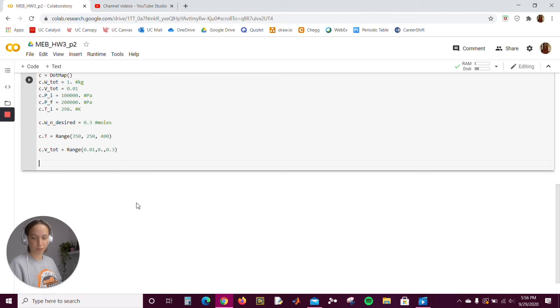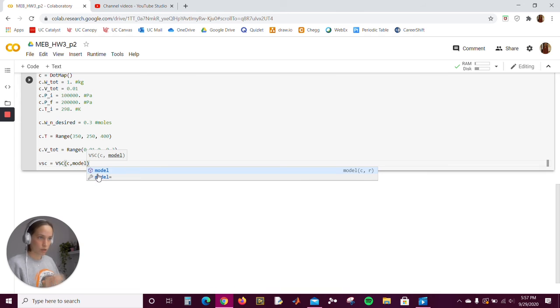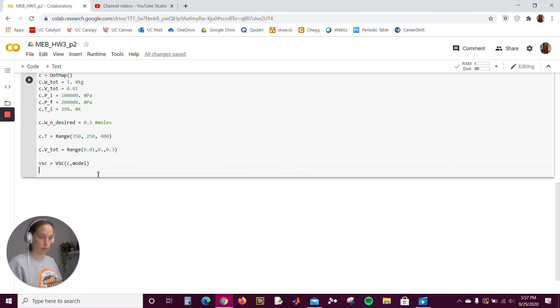So now, that VSC function is what I was just talking about. That's what's going to do the minimization to find what these values are. So VSC equals VSC, and this is something that Dr. Ko wrote. Again, C and model it already knows for me. And then we have to do VSC dot solve.